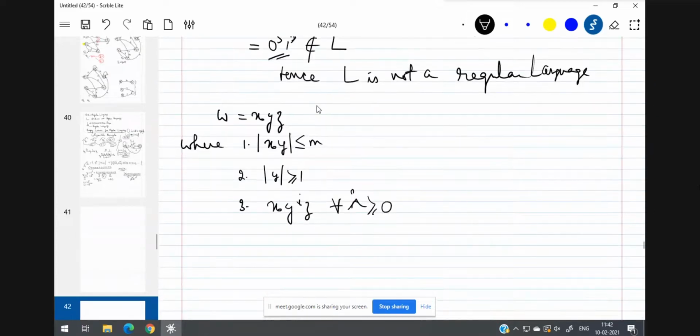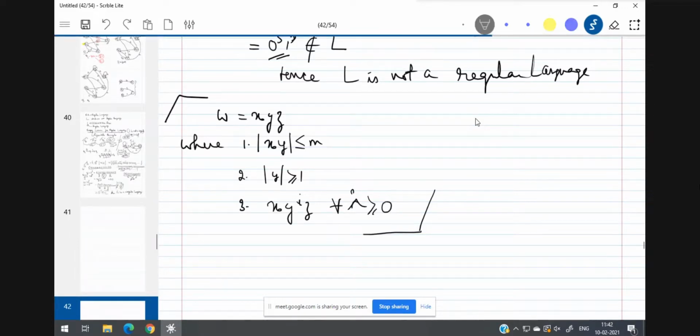I'm just writing this part because I don't want to provide the full definition from my side. Please try to have a look at the textbook also. That's why I'm writing this part alone. In textbooks you can find this |xy| less than or equal to p, that's nothing but the pumping length.